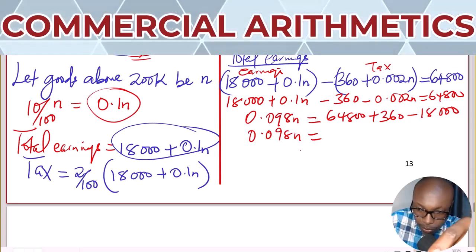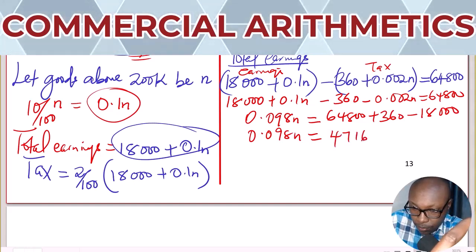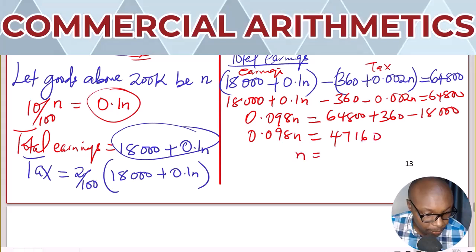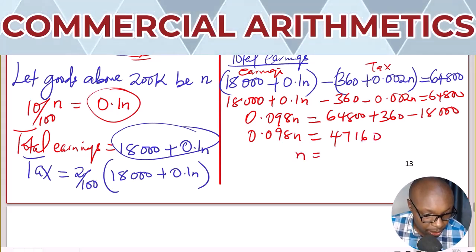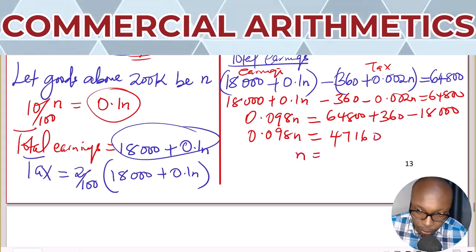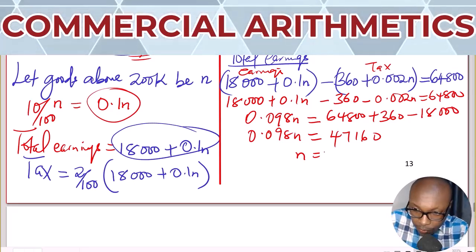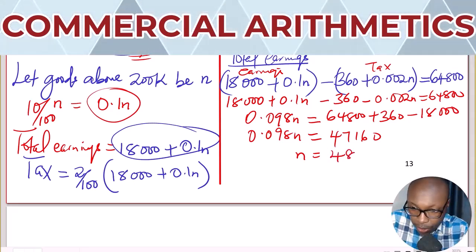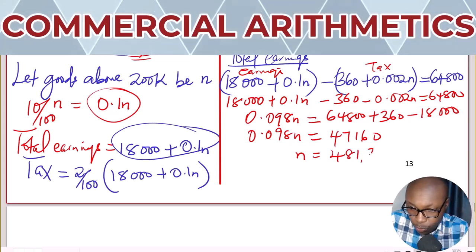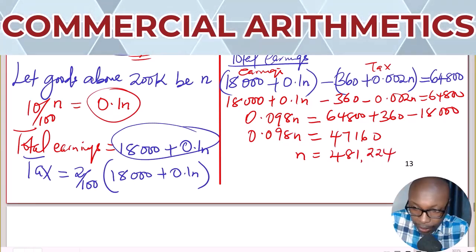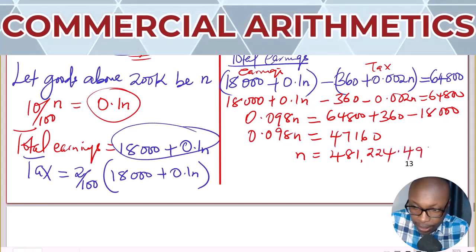That gives 47,160. So divide both sides by 0.098. This gives 481,224.49, that is 49 cents.